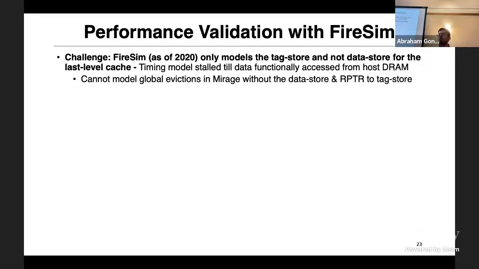It functionally models the data store by stalling the timing model while the request goes and fetches the data from the host DRAM. Once the data is back, it allows the simulation to proceed. So without an explicit data store, it's hard to model the global evictions in Mirage and the pointer-based indirection between the tag store and data store.